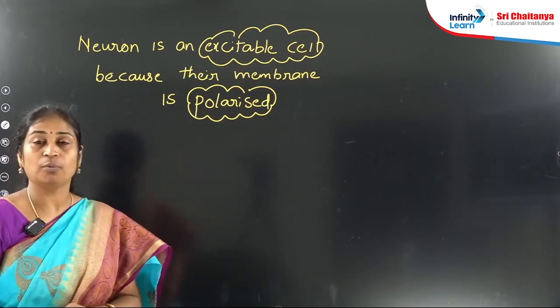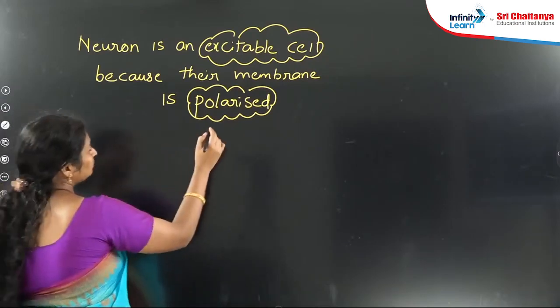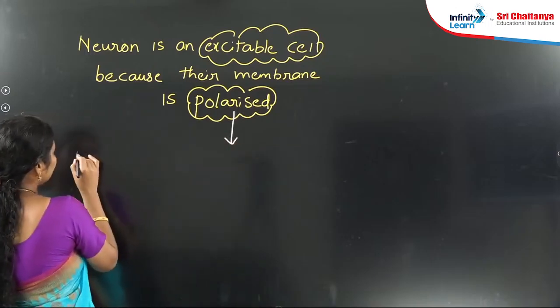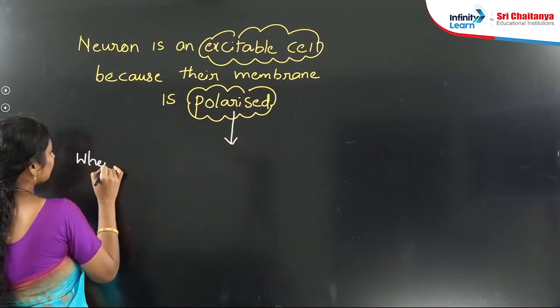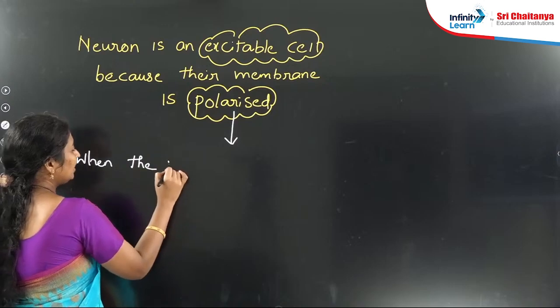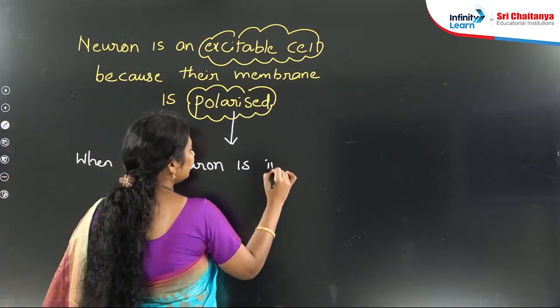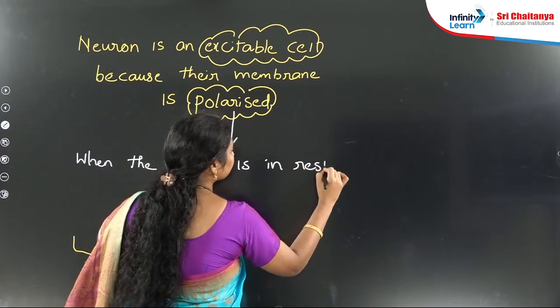What is the meaning of polarized state? Polarized state means when the neuron is in resting state.